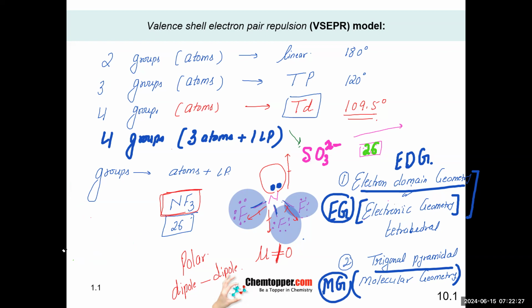It has dipole-dipole as well as LDF. LDF, London dispersion, is in every molecule. But here the stronger one is dipole-dipole. This example is clear? Okay, let's do one more example.